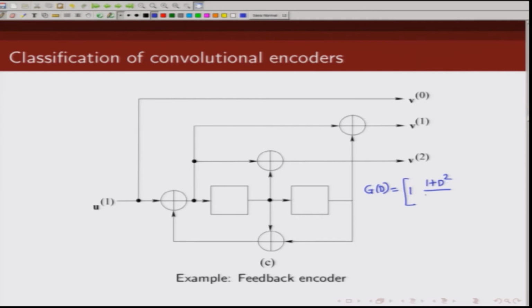We have basically 1 plus D plus D square term. Similarly, V2 is basically given by 1 plus D, over 1 plus D plus D square. So, this is a generator matrix for this feedback encoder.